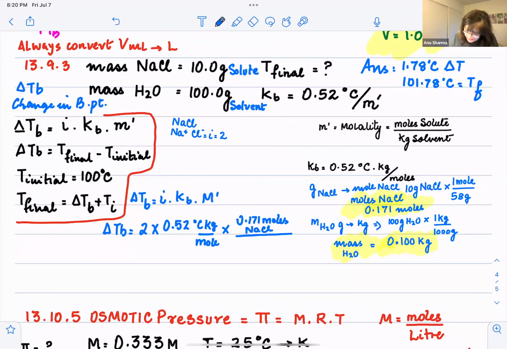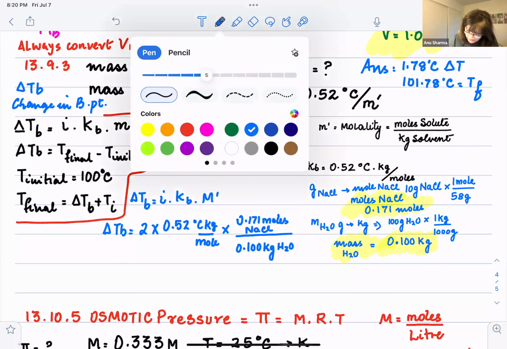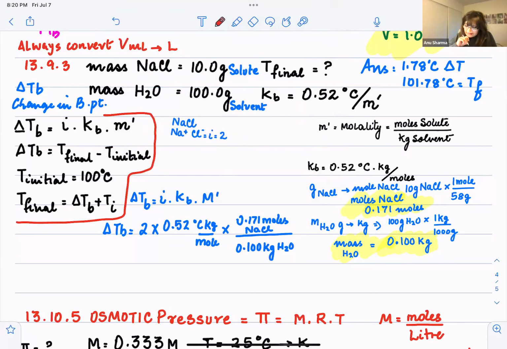Divide that by the kilograms, so 0.100 kilograms of water. We will see that kilograms and kilograms cancel out, moles and moles cancel out, and you're just left with the unit of degrees Celsius.